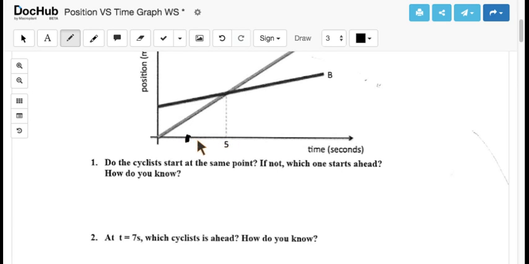So if we go out that same distance to right here, we'll know that that is approximately 7.5 seconds. So at the 7-second mark, it's going to be a little short of here. You're going to then go up and look and see which bicyclist is ahead at that time. And then once again, once you've put down that answer, write down how you know that.